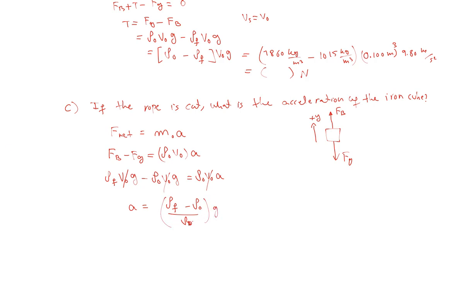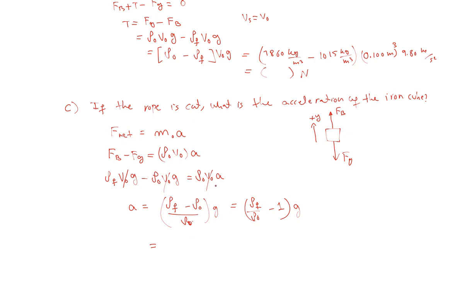This actually gives you, rho fluid over rho object minus 1, times g. Okay, and we expect this acceleration to be negative because the density of the iron is larger.